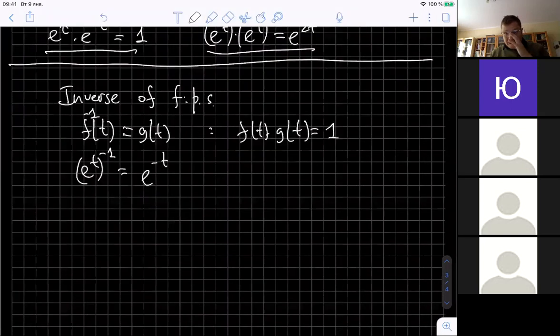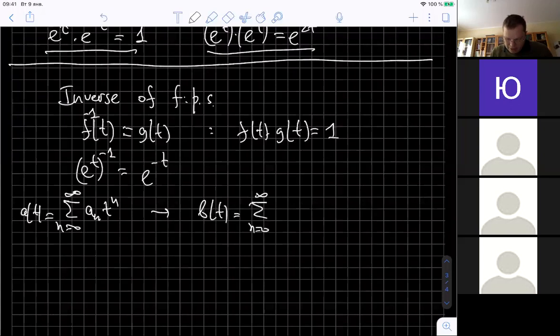Does every formal power series have an inverse? It is not true. If we look at an arbitrary formal power series a of t, then we need to find a formal power series b of t such that a of t times b of t is equal to 1.